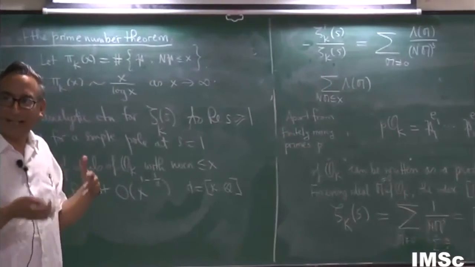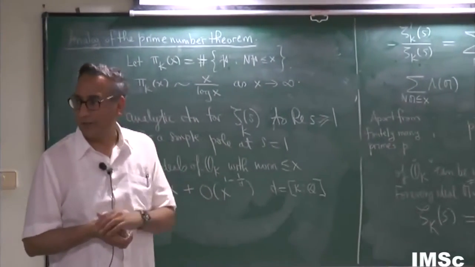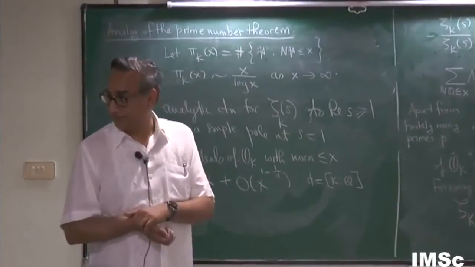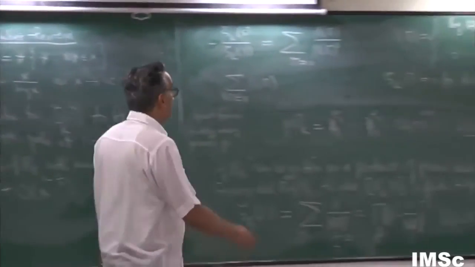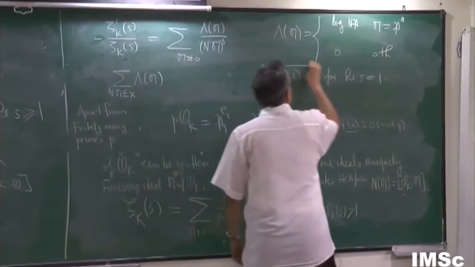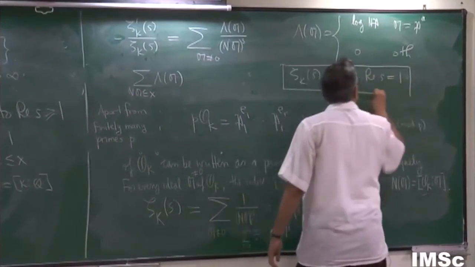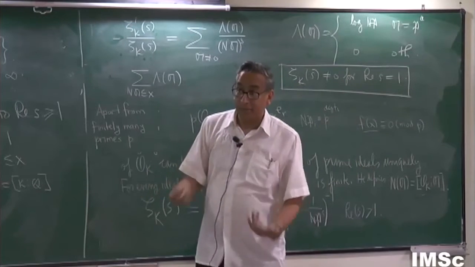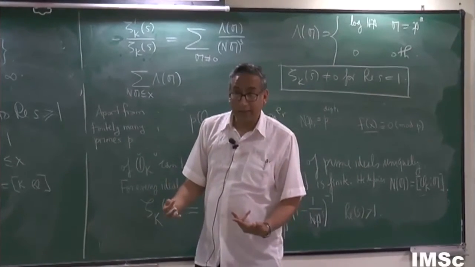Mutatis mutandis is Latin to say that without any change. Sounds good, so I used it. Anyway, the proof of the fact that this doesn't vanish is the same as before. Simple pole at s equals 1.